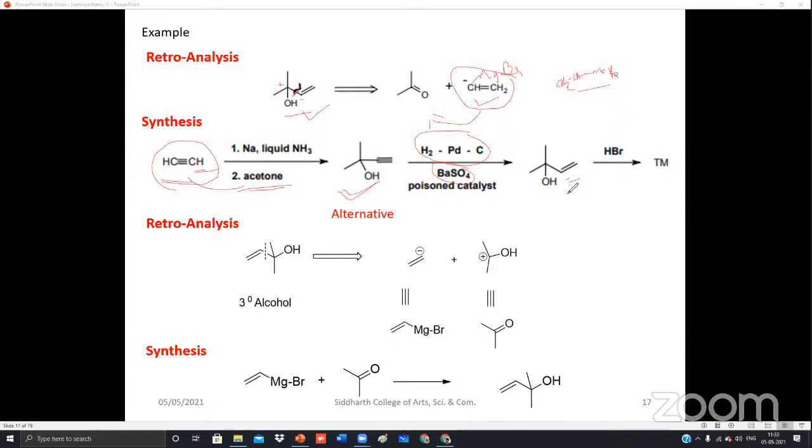Okay, so this is the target. Now if you want an alternative way, which we have already discussed, that is directly using vinyl magnesium bromide, and you will get this. So this is how you can tackle the synthesis of this particular tertiary alcohol.